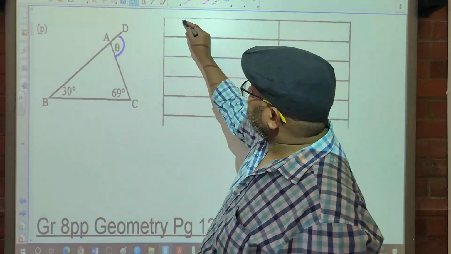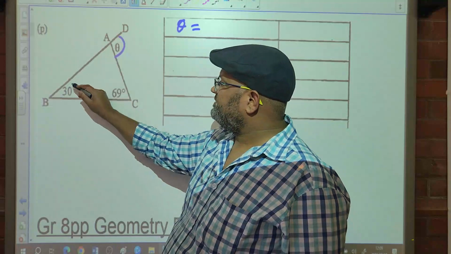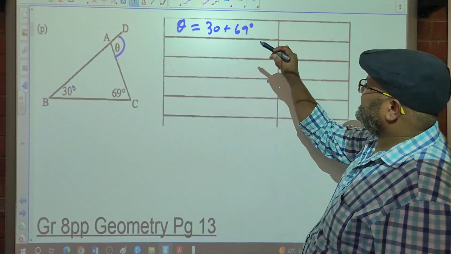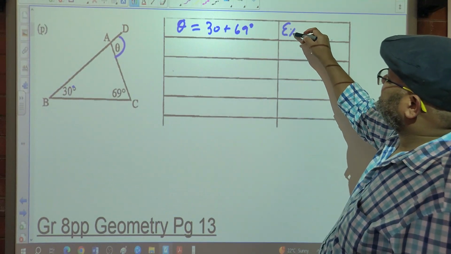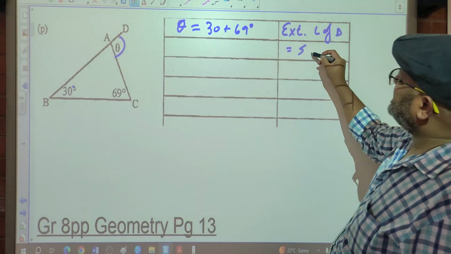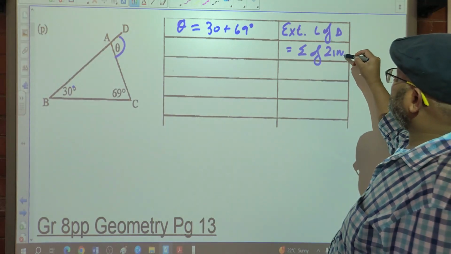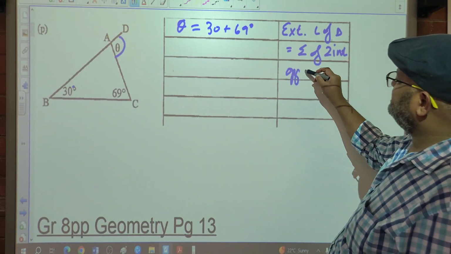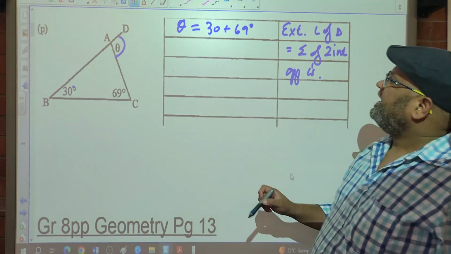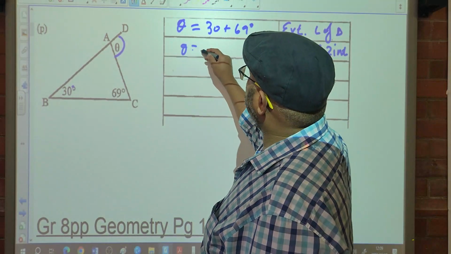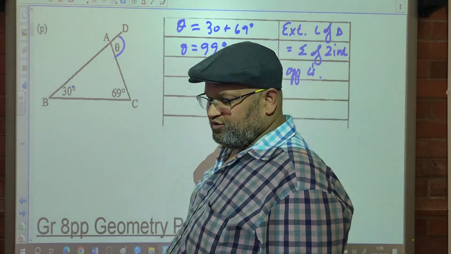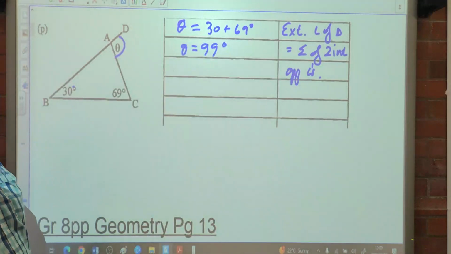So we say theta is equal to 30 degrees plus 69. Why? Exterior angle of triangle is equal to the sum of your two interior opposite angles. And what is 30 plus 69? 99 degrees. So your theta angle is 99.